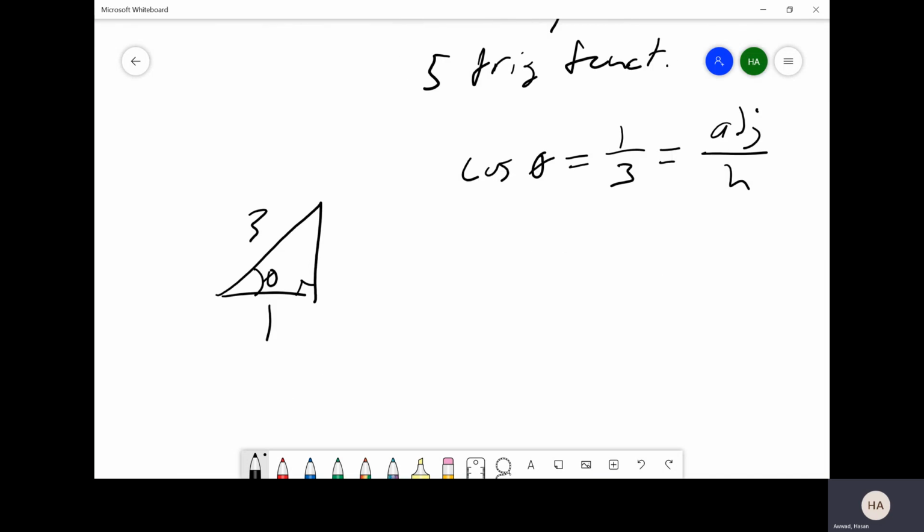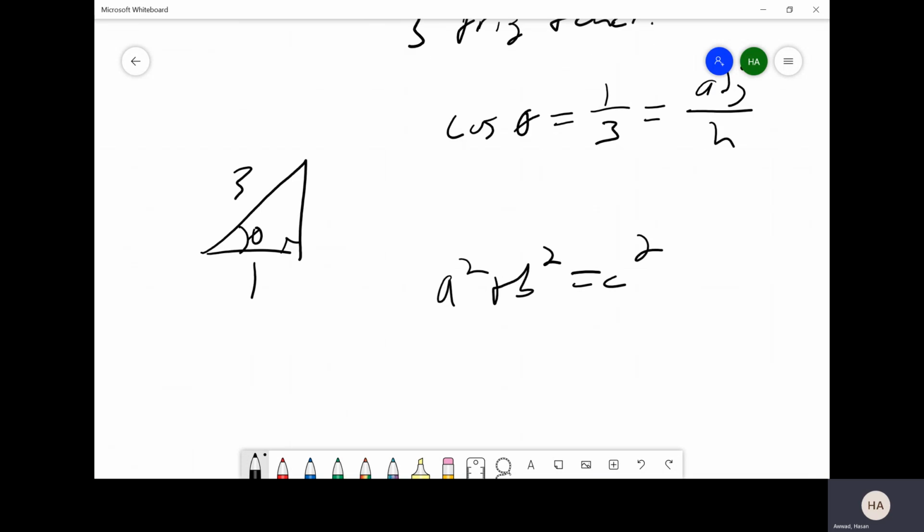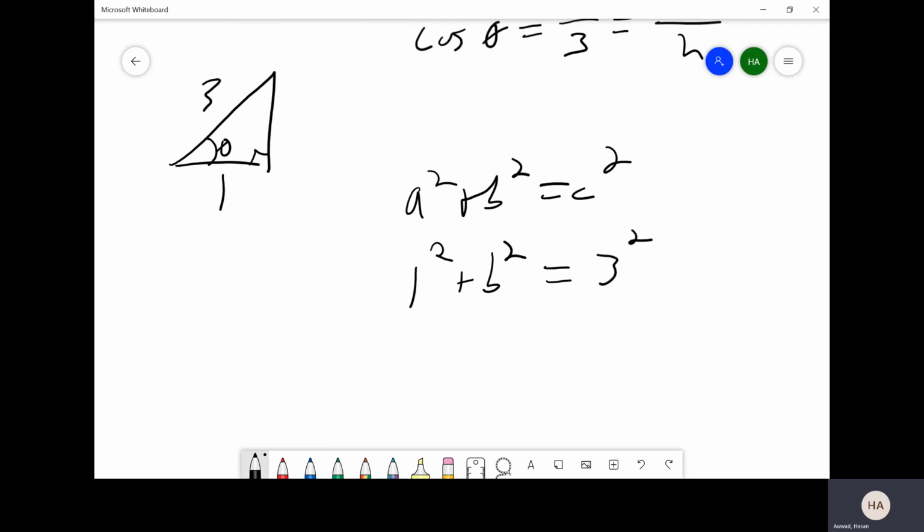Again, Pythagorean theorem, right? So a squared plus b squared is equal to c squared. We know the hypotenuse, so we know what c is, right? The hypotenuse is always opposite the right angle. So we can say, all right, well, we have 1 squared plus b squared. I don't know what one of the legs is, so I'm just leaving that blank. That's still b squared, is equal to 3 squared. Okay, so when I simplify this, I have b squared is equal to 9 minus 1.